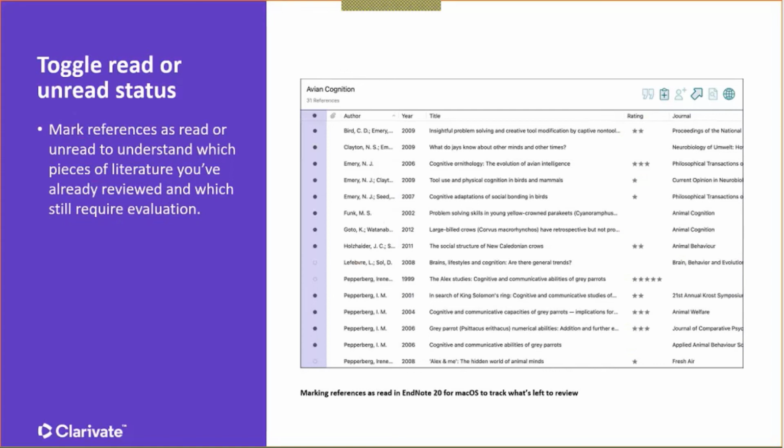The items that have the blank dot, which almost looks like a circle within this column, are references that we would consider read. And again, that's just a way to let you know if you've handled a particular entry in your EndNote library and looked at the underlying information or read any attached PDF article. So again, completely optional, but a great power feature available in EndNote 20.